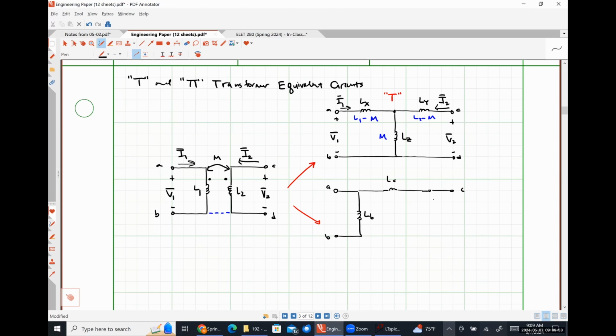Here's my C terminal. Down here, I will have an inductance LA. Here's my D terminal, like so.